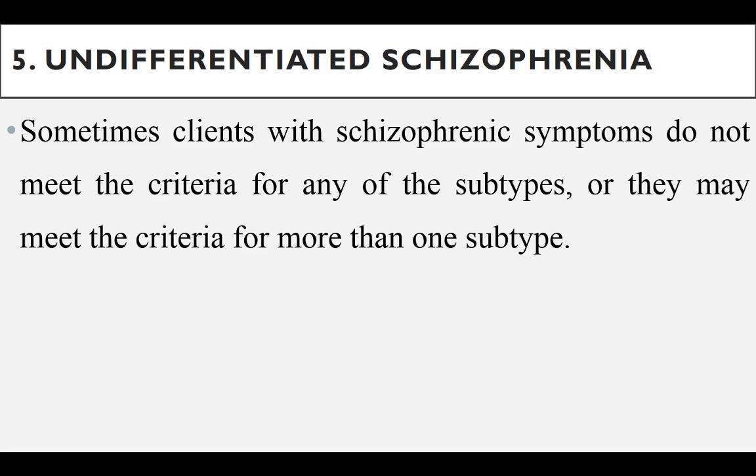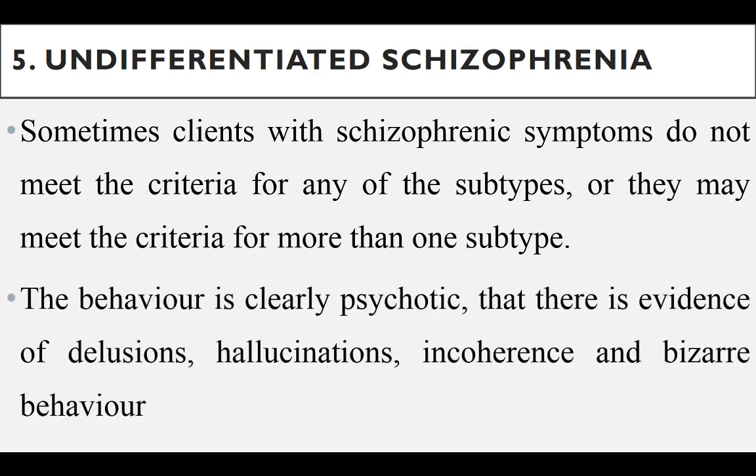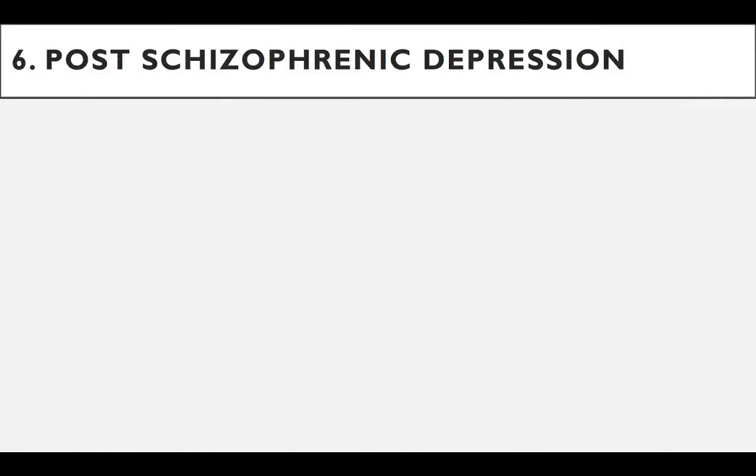So we cannot differentiate them into either paranoid or catatonic or residual. Okay, so they classify them into undifferentiated. Now let's see the behavior. The behavior is clearly psychotic, and there is evidence of delusion, hallucination, incoherence, and bizarre behavior. But you could not place anything exactly into the other types.